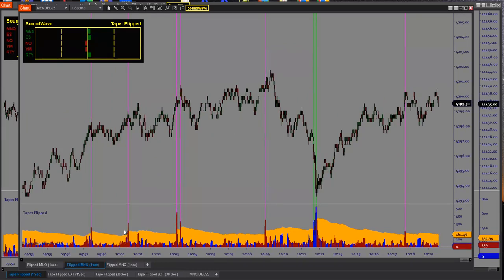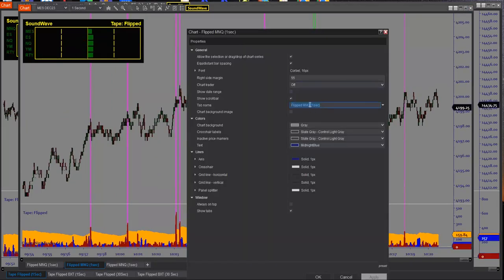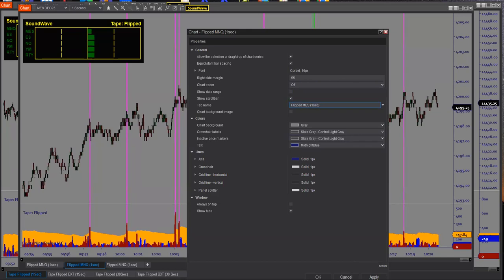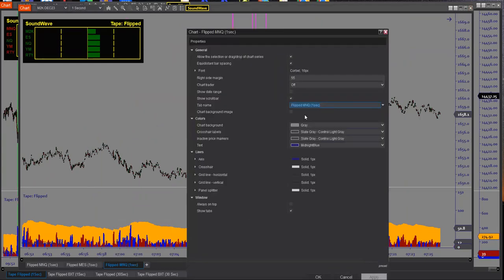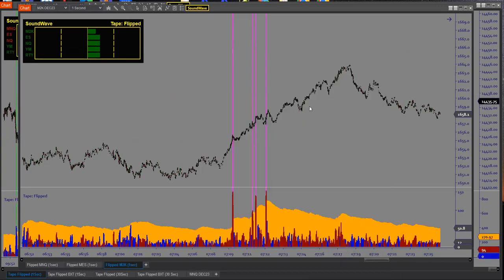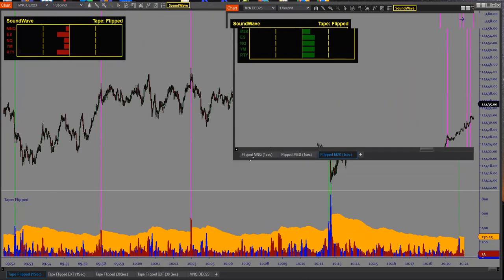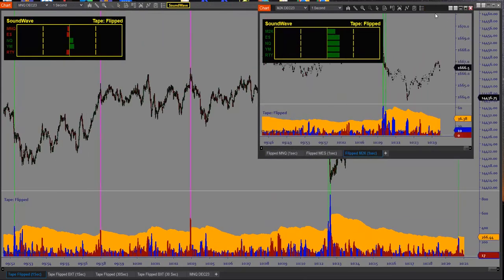There's the flipped MNQ. Let's rename this to the MES. Okay, and let's go here. This is the flipped RTY or M2K. I'm just creating a couple for the sake of it, just to show you. This is going to be like the flipped 1 second feeds.